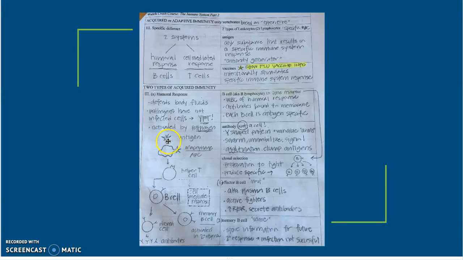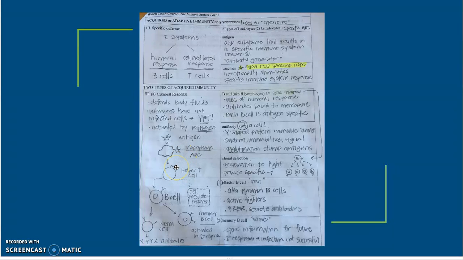And if we look at what that pathway looks like, here's the antigen right here, and a macrophage, which is part of your innate system, is going to come along and eat this, and then it's going to display a portion of it using MHC2 on its surface. It's going to take this specific information from this specific pathogen and activate a helper T cell, passing along that specific information.